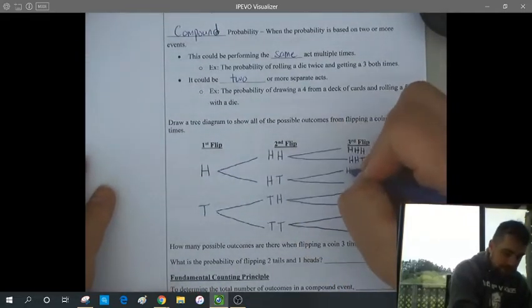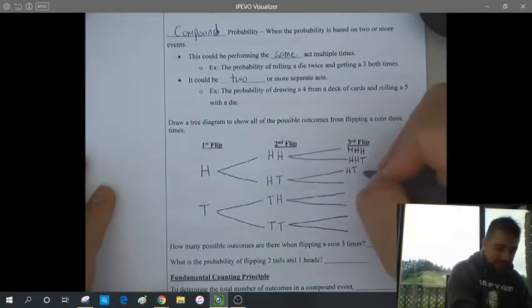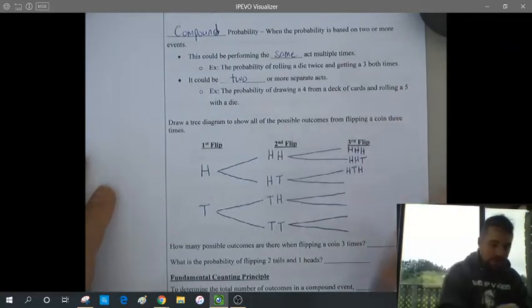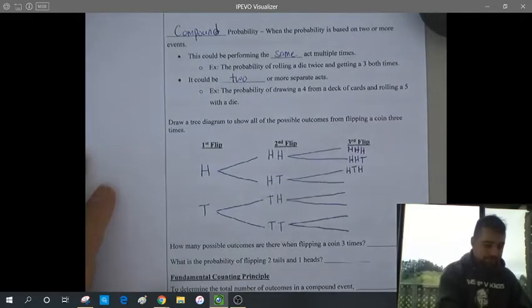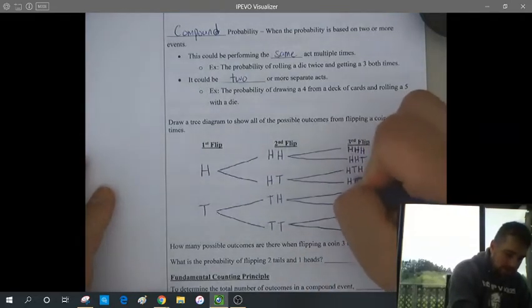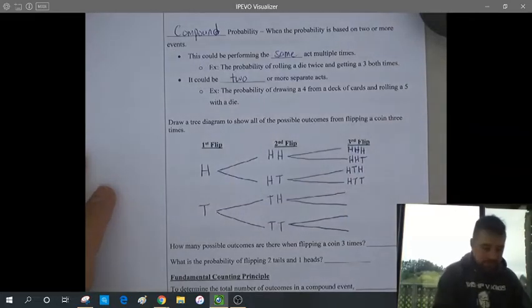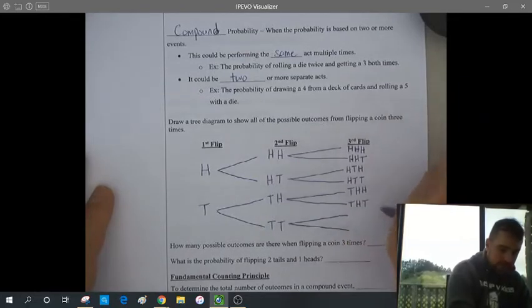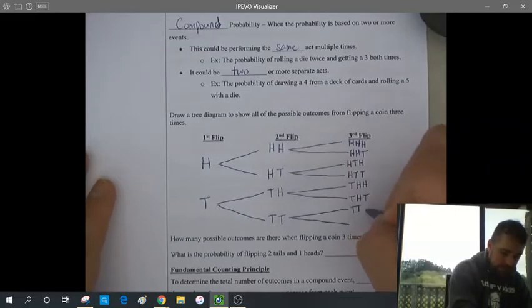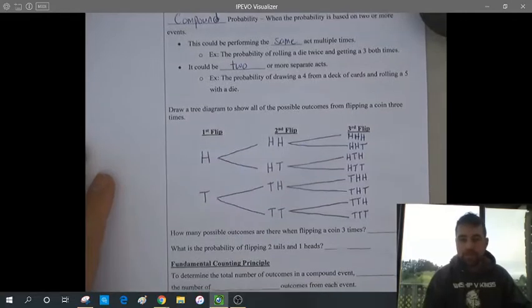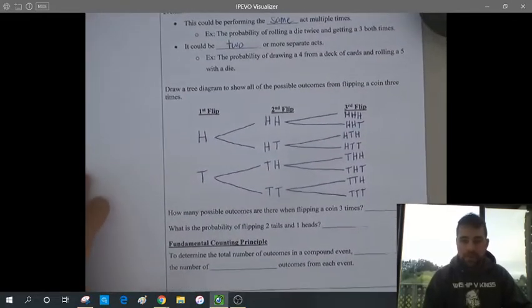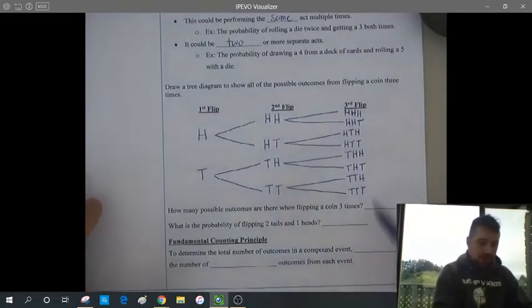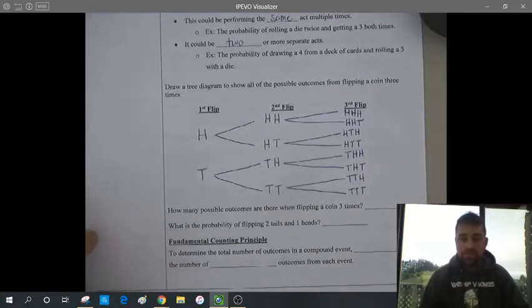If I had heads on the first flip, tails on the second flip, I could end up with heads on the third flip. Heads, tails, tails is another option. Tails, heads, heads. Tails, heads, tails. Tails, tails, heads, or tails, tails, tails. Okay, and that would show all of my possible outcomes from flipping a coin 3 times.